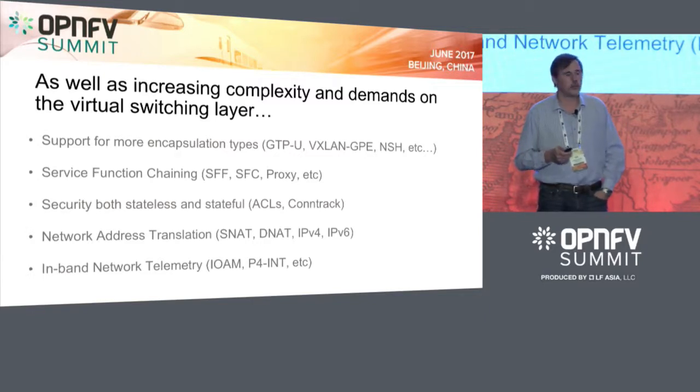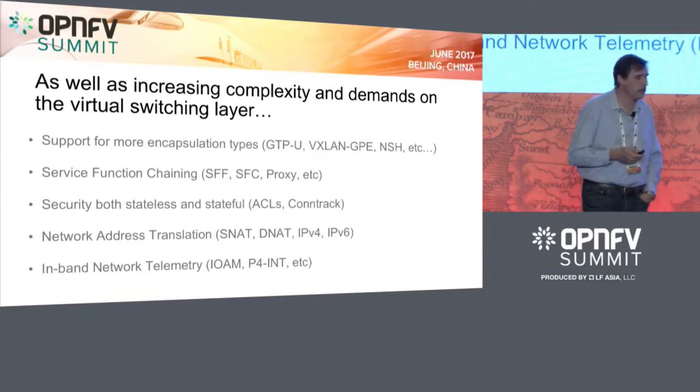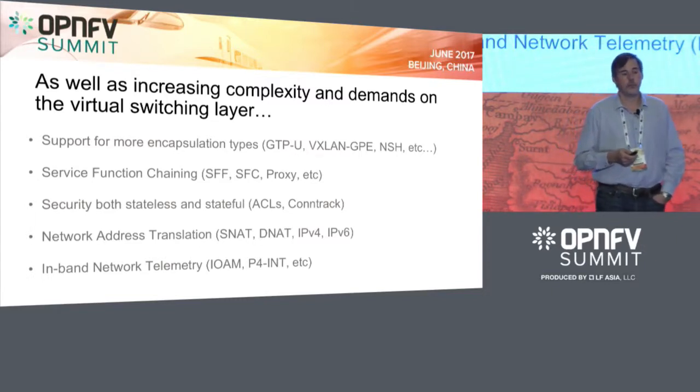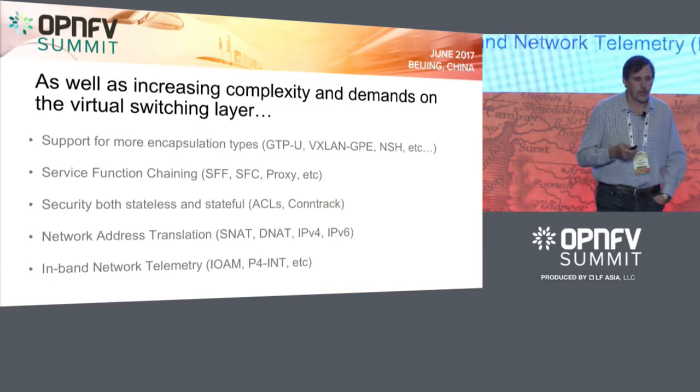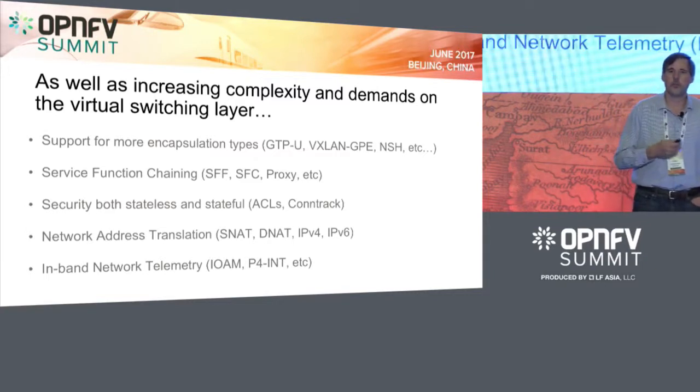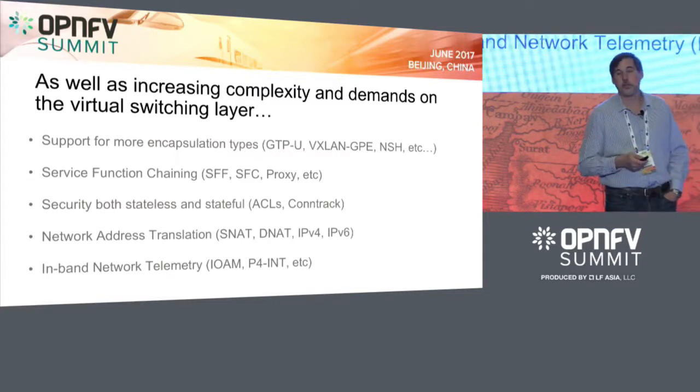And finally, in-band network telemetry, there's been a lot of discussion about that, where you can insert metadata into packets to track things like latency, jitter, and timestamps and things like that. So again, more manipulation, more operations per packet, and that's basically increasing complexity.